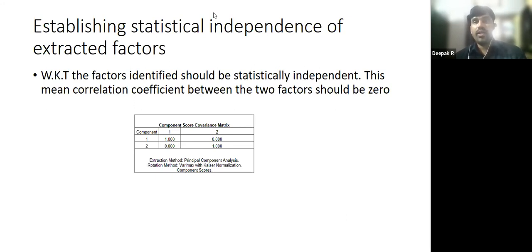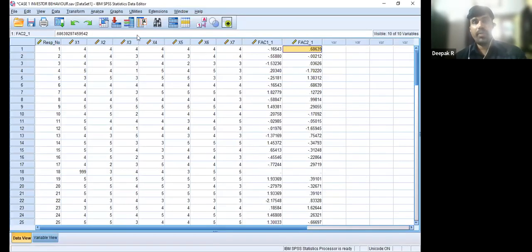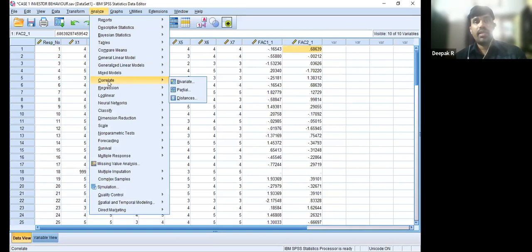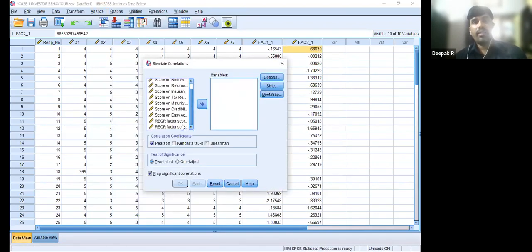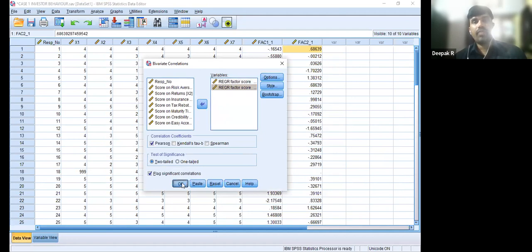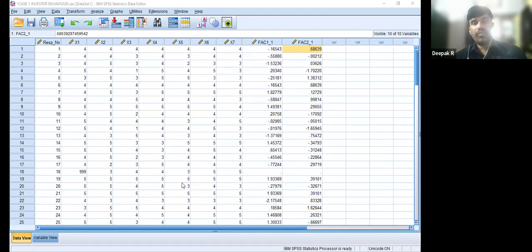So if I look at these two factors which have been obtained, and if I go to Analyze, Correlation, Bivariate, and look at these two factors in the correlation matrix, you will notice that these are completely independent of each other.